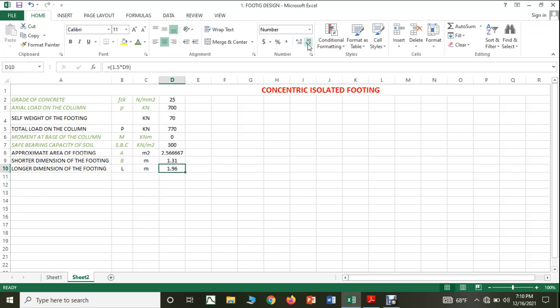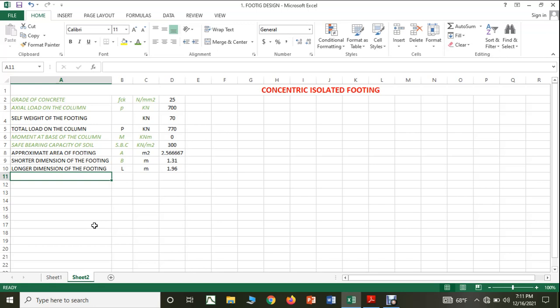Then even this 1.96 is also a decimal value. Usually we round it off to the next higher dimension. Therefore, whatever your round off value is, that round off value only we will use for our further design.